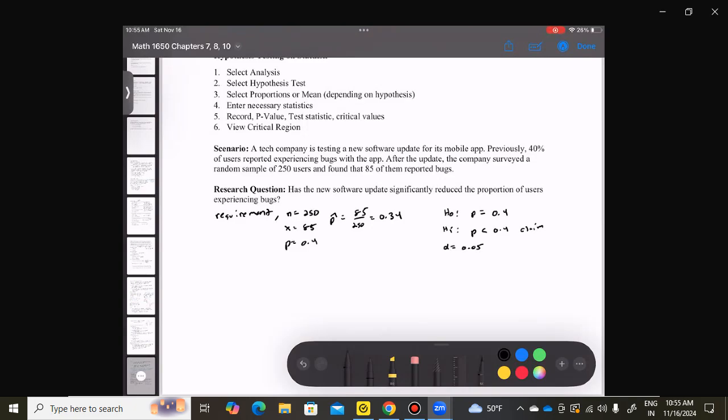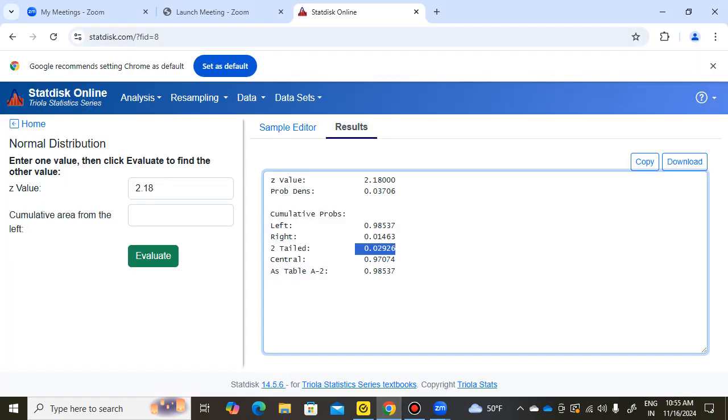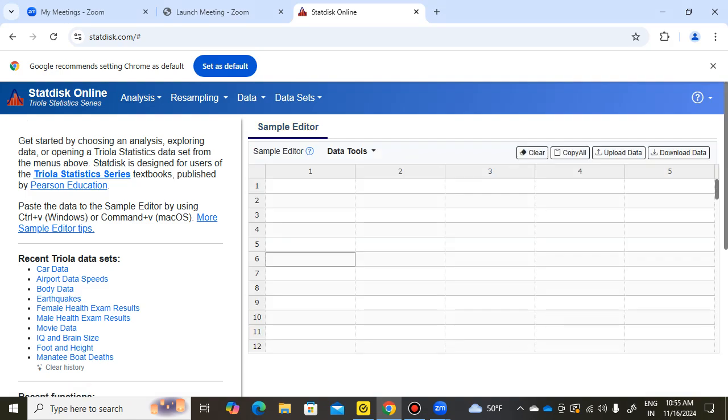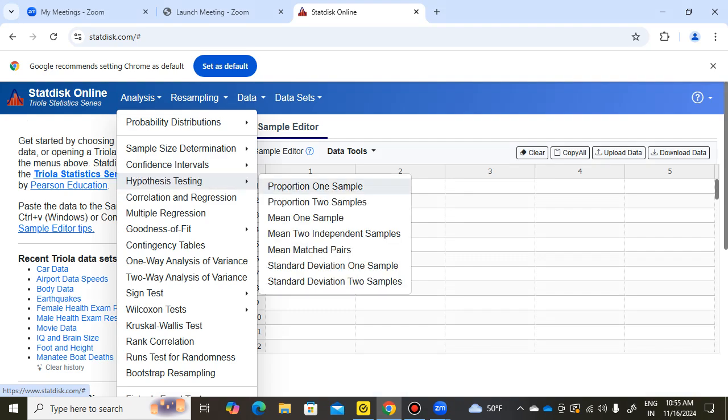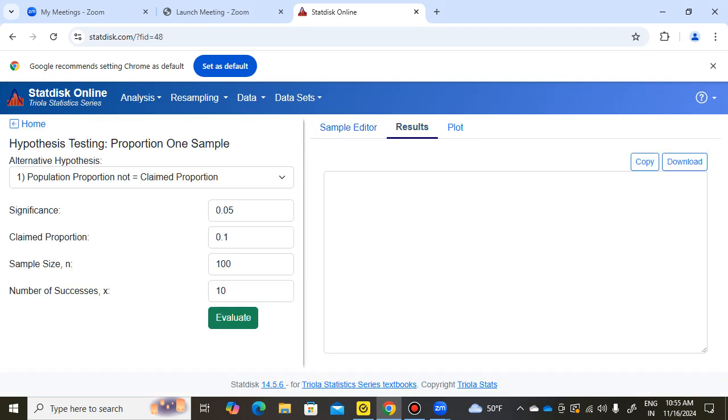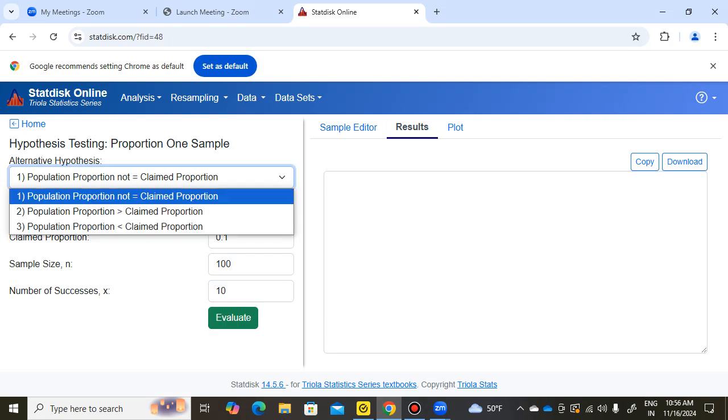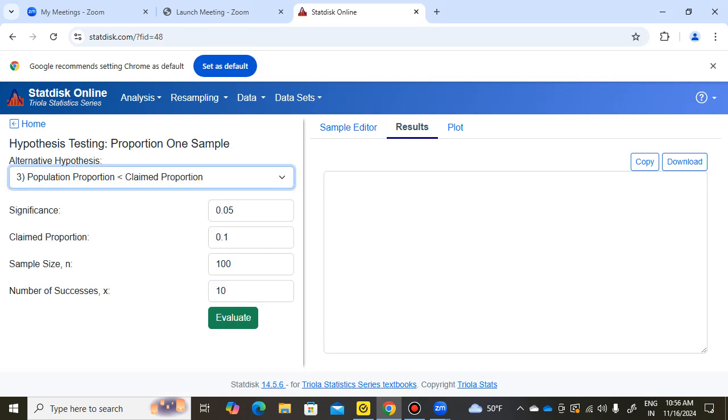And so now let's put in what we need to put into StatDisk. To get to the hypothesis test, let's go back to the beginning. Do analysis, hypothesis testing, and since we're dealing with proportion, one sample. We have to make sure we do the drop down. This is less than, so proportion is less than claim value. This is basically saying p is less than 0.4.